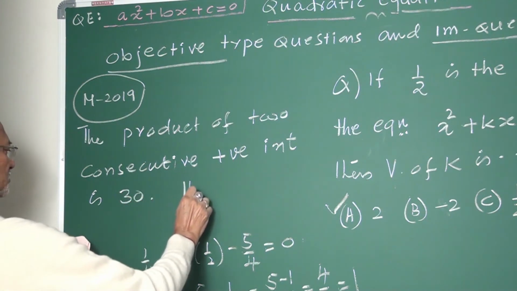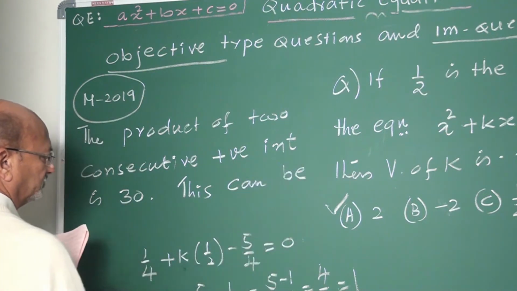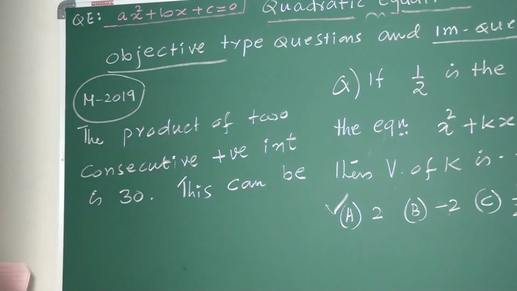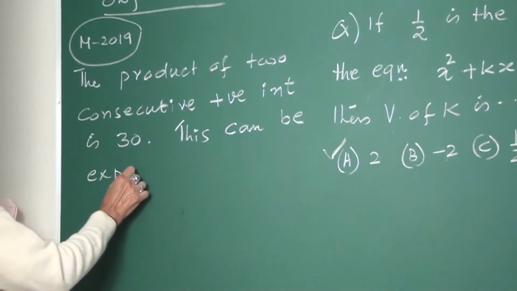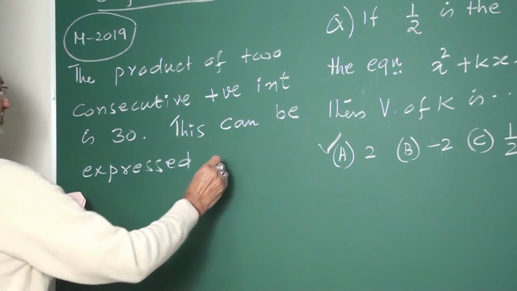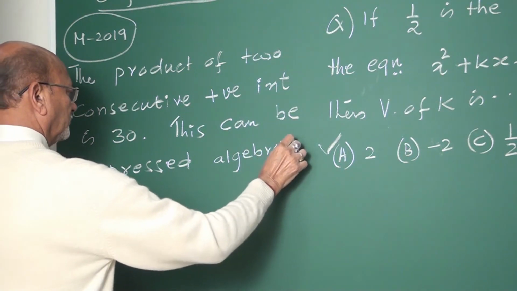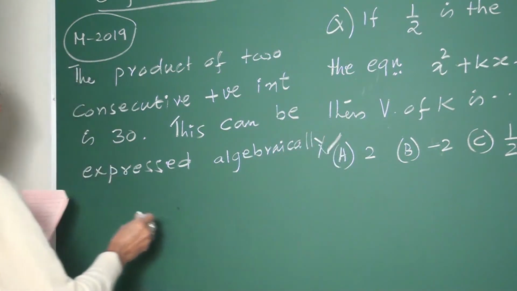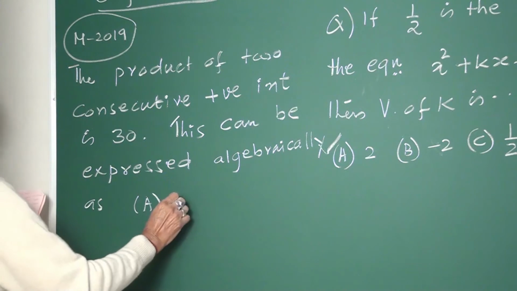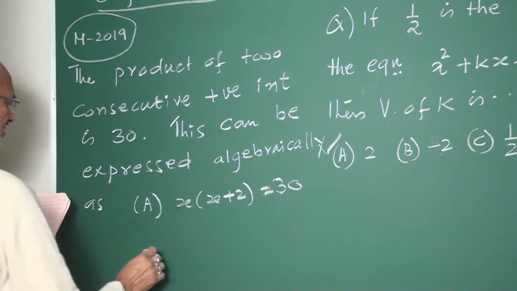This can be expressed algebraically as, yes, my friend, first option A, x into x plus 2 equal to 30.